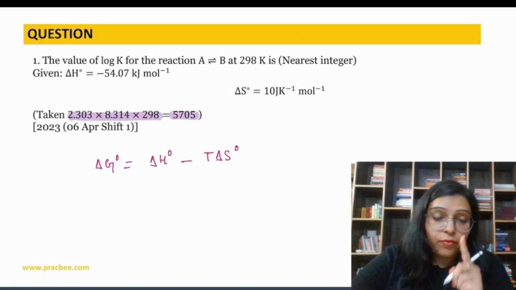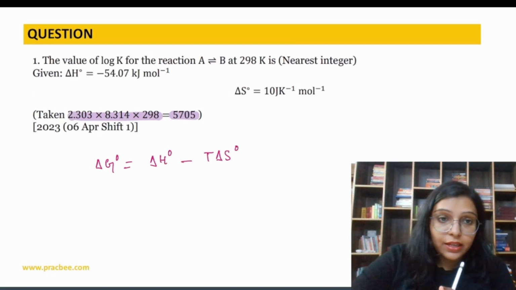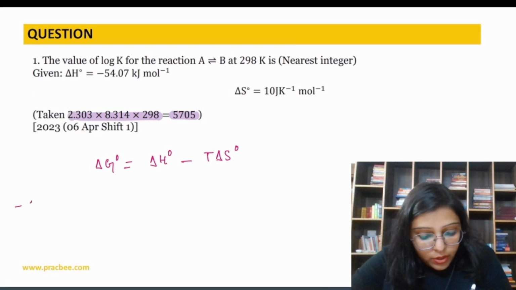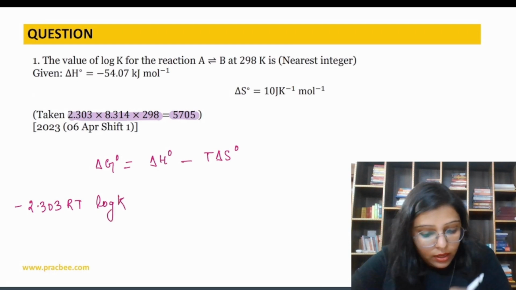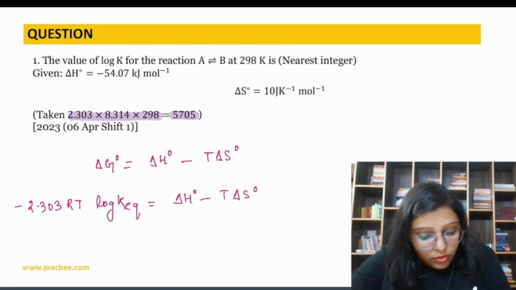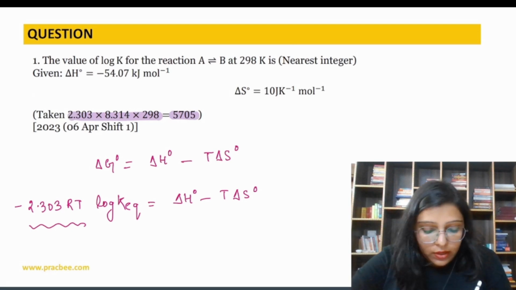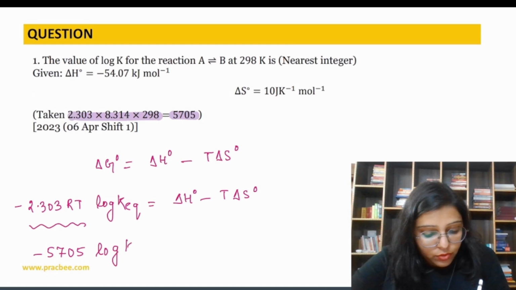Now we have one more formula which relates delta G naught with the equilibrium constant, and that is minus 2.303 RT log K equilibrium. So that is delta H naught minus T delta S naught. Now, because temperature is 298, this value we have to write as 5705. So log K we have to find.